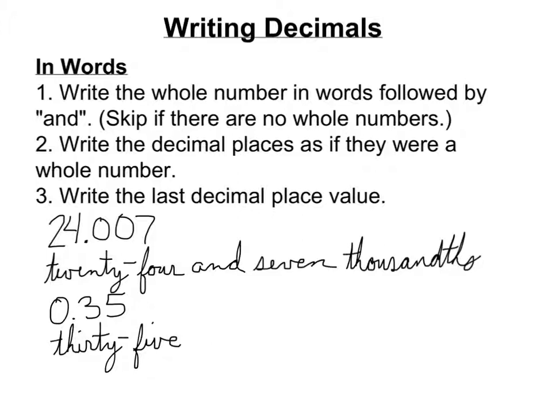Step 3, write the last place value. So this would be the ones place, this would be the tenths, and this would be the hundredths. So, in words, 0.35 is 35 hundredths. Moving on in 3, 2, 1.